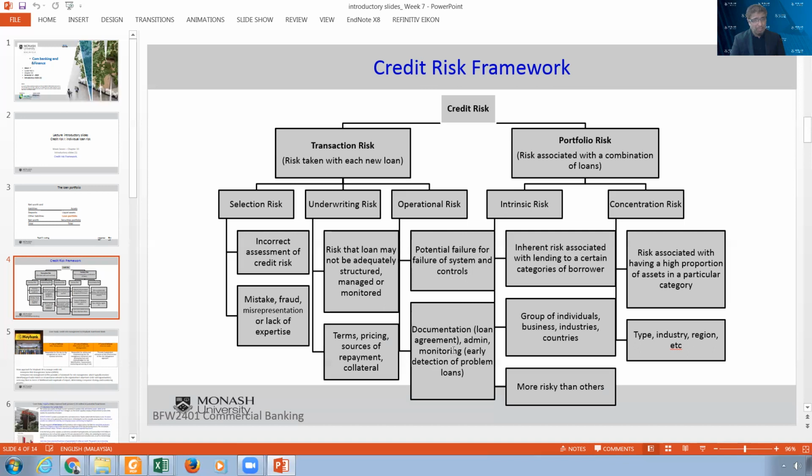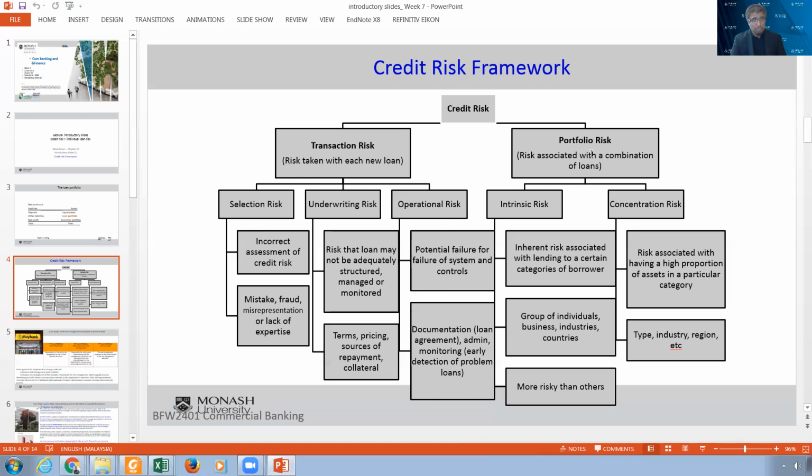Maybe the documentation is not okay. The admin monitoring is not okay. You have to have early detection of problems with the loan, so you can grab whatever is left from the assets before the company goes to zero or the borrower goes to zero. So this is the operational risk.